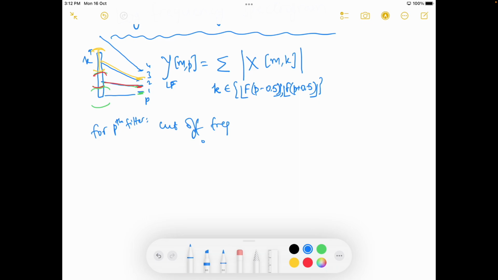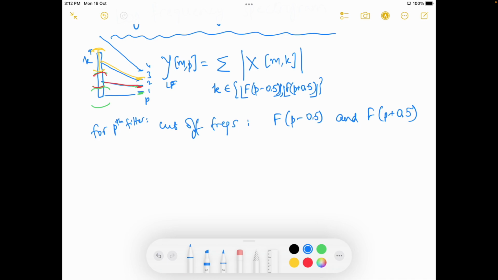So when you take this range, what are the cutoff frequencies? This lower limit and the upper limit, right? So cutoff frequencies are f of p minus 0.5 and f of p plus 0.5. Right? These are the cutoff frequencies.